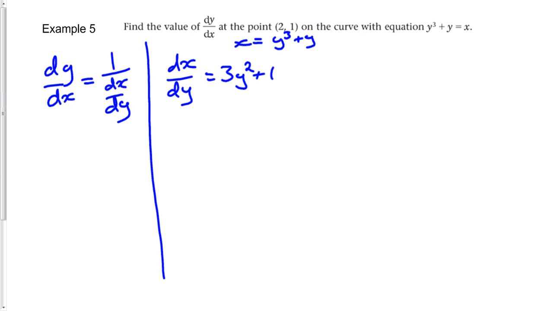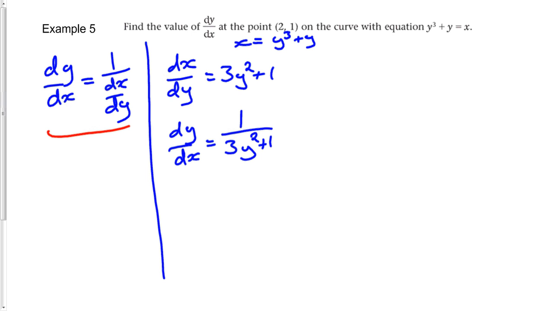So then if we go back over here, dy by dx is just 1 over dx by dy, or in easier terms just flip upside down, then dy by dx equals 1 over 3y squared plus 1.